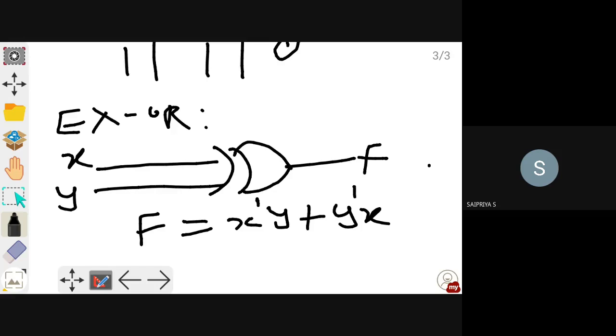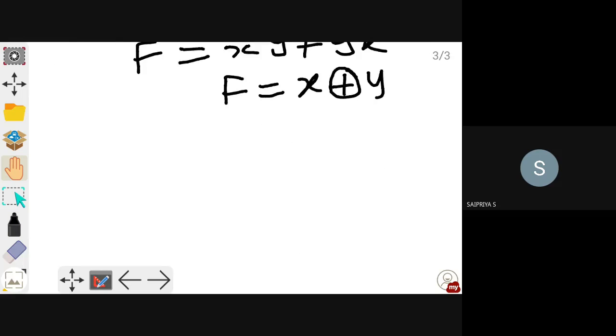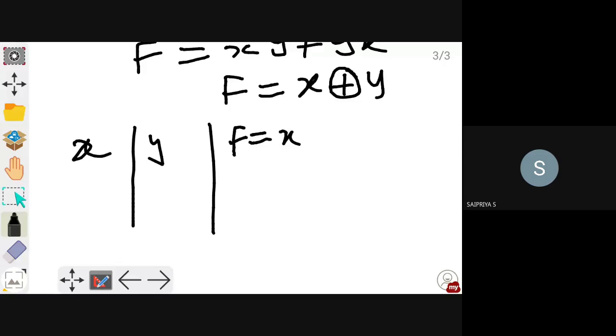So that is why your expression is X bar Y, that is X is 0 and Y is 1, and similarly Y bar X, that is Y is 0 and X is 1, then only you get the output F. So your XOR can also be represented using this symbol for XOR with X and Y. So the truth table, X, Y and F. So 0, 0.